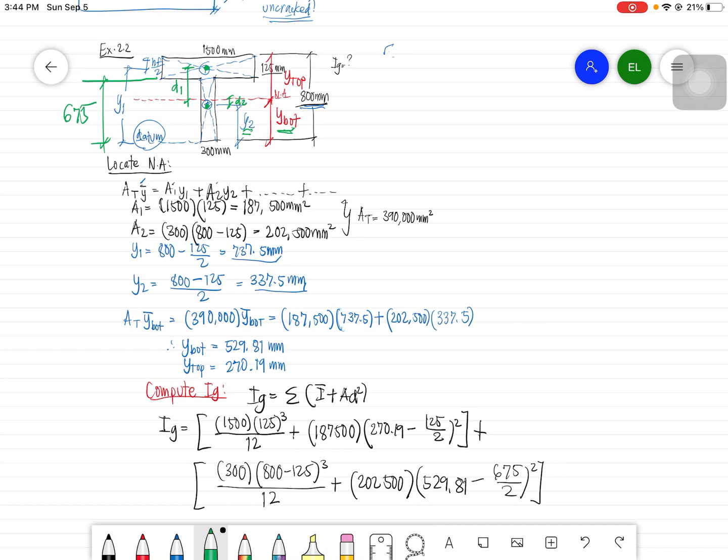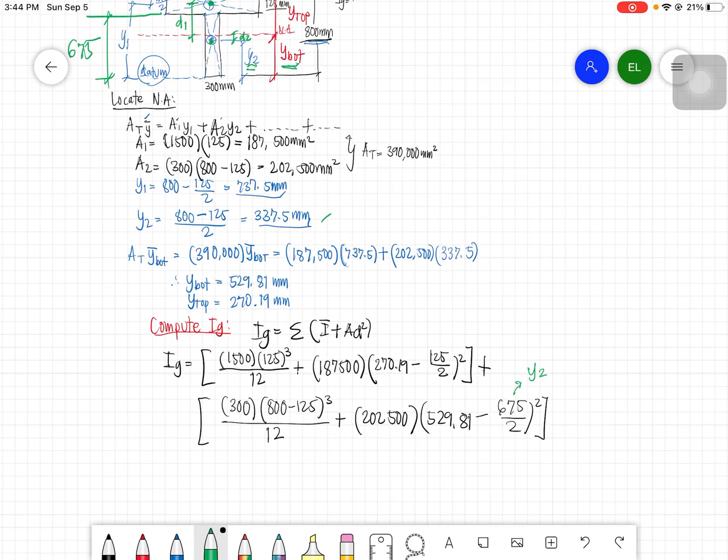Yeah, I think this is y2. No, this is y2, guys. Okay, that is y2. So y bottom minus y2. Okay, so this one here.